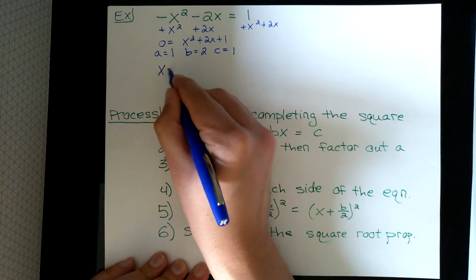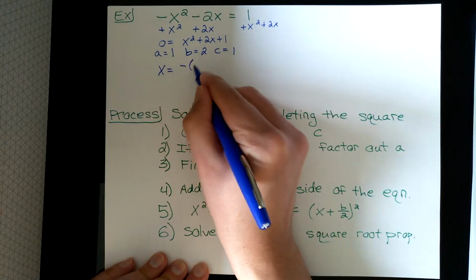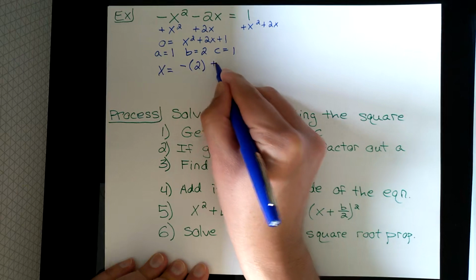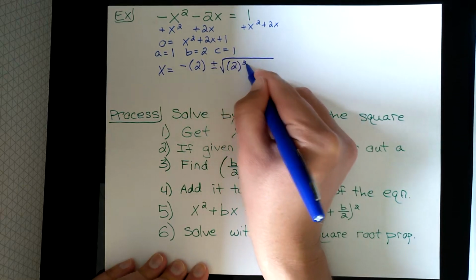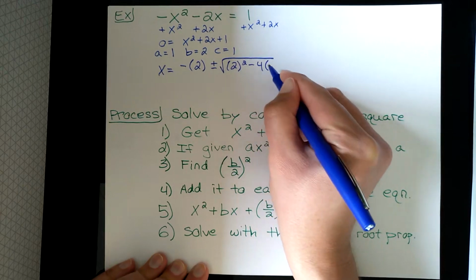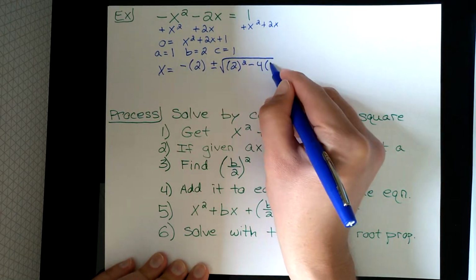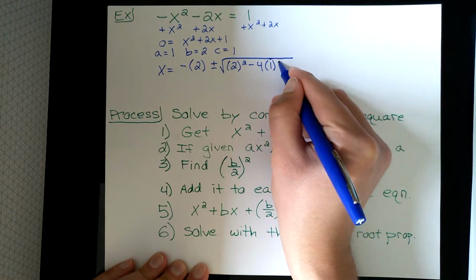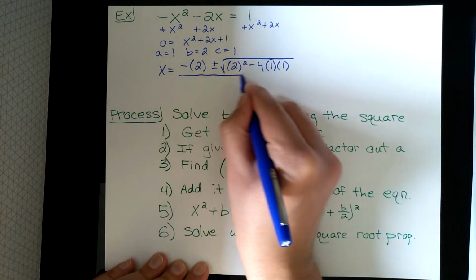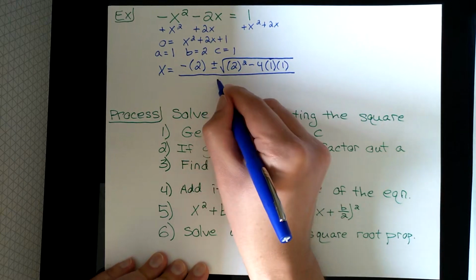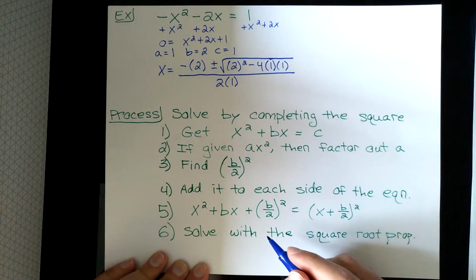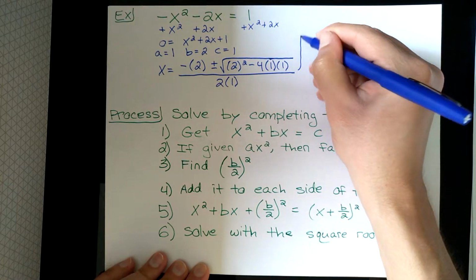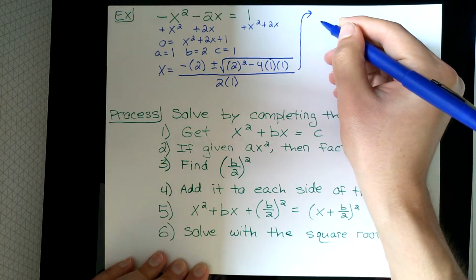So we get x equals -b, which is -2, plus or minus the square root of b squared, which is 2 squared, minus 4 times a times c, meaning -4 times 1 times 1, all over 2 times a, which gives us 2 times 1. Continuing with simplifying this, we'll move this up to the top right.